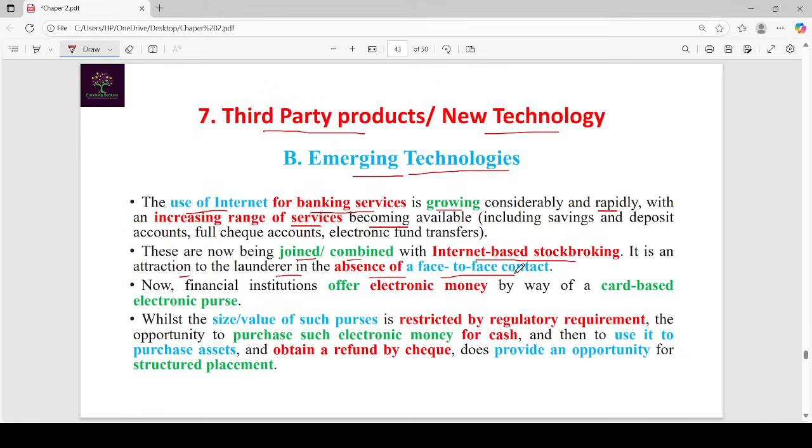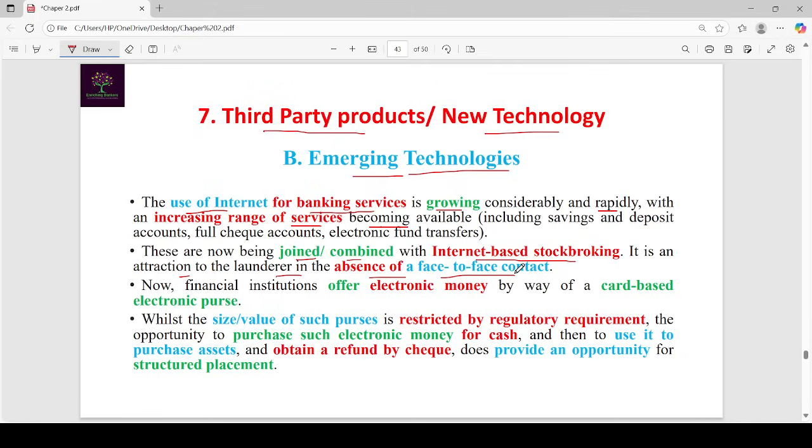They convert that illegal money into legal money. What money launderers, criminals or terrorists do through this emerging technology, internet based stockbroking, is they open a demat account, a trading account, and also get an internet banking facility from a bank. Through that facility they buy stocks with their illegal money, injecting it into the banking system.